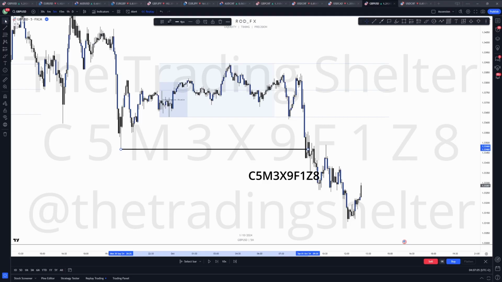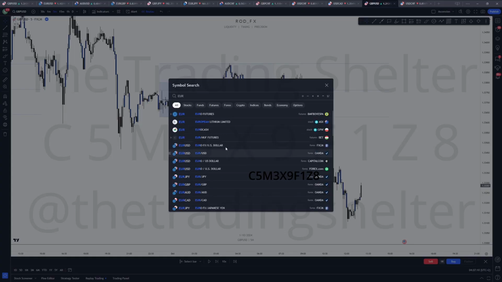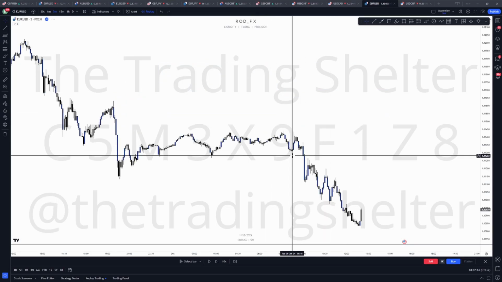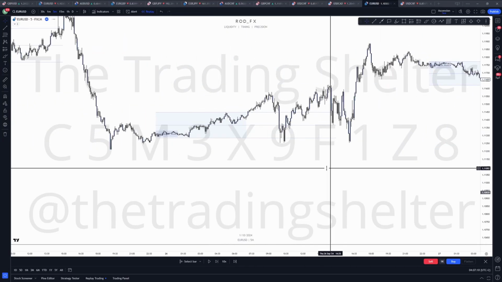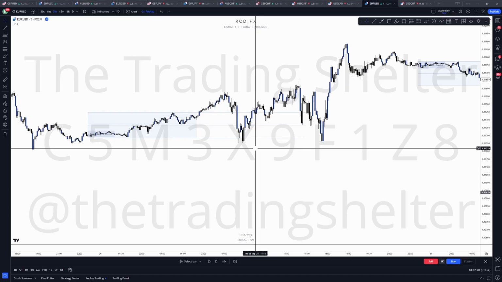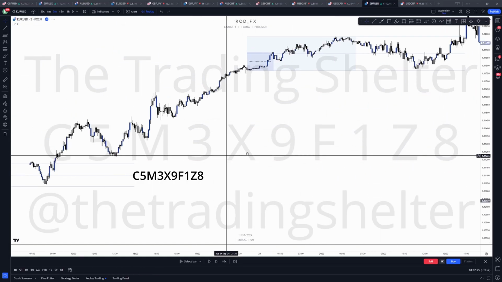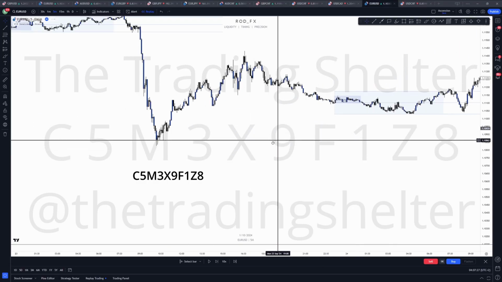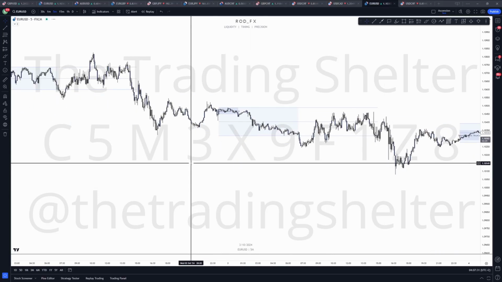And this is why I like marking those internal ones. So let's go on EURUSD real quick and look at, I think we've seen it. Is it this one? Bar replay.